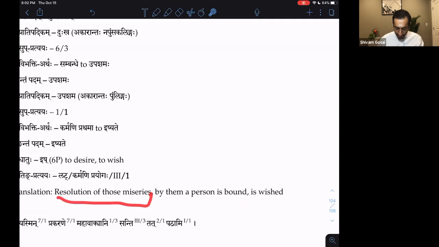So the resolution of those miseries by which a person is bound is wished. You could say, by which a person is bound, comma, resolution of those miseries is wished. You can say that too, but notice how they use commas. The comma describes what is before the comma. So this whole phrase is telling you what is before the comma.